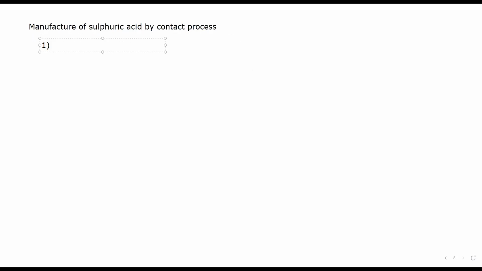Number one, sulfur is burned in air, or sulfur is reacted with air. When sulfur reacts with oxygen, it gives sulfur dioxide. That's the first process.